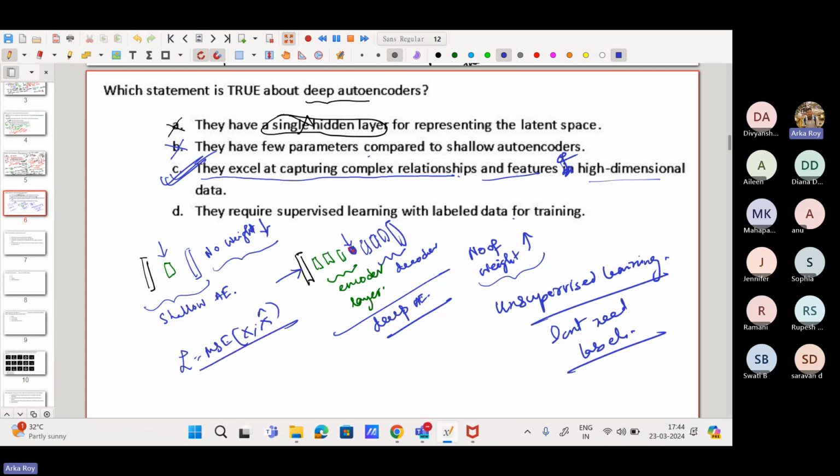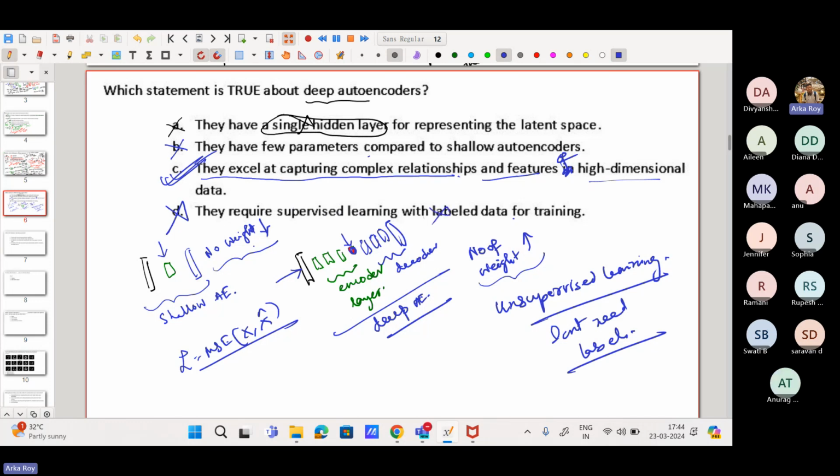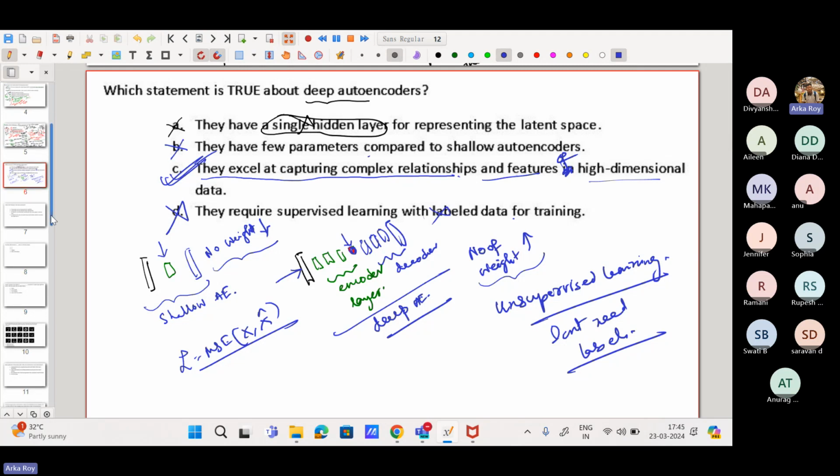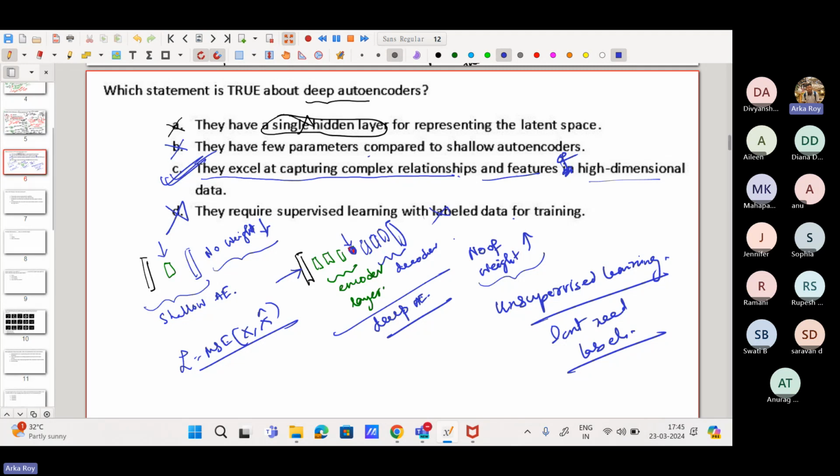There is no need for labels. So that is completely false. If you just have the data itself, you can train the autoencoder, because an autoencoder comes under unsupervised learning neural networks.